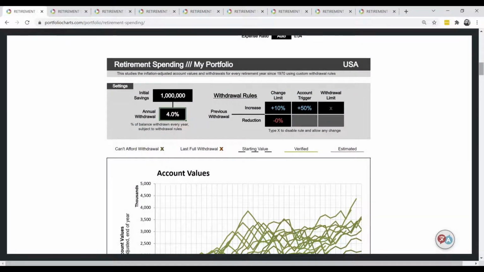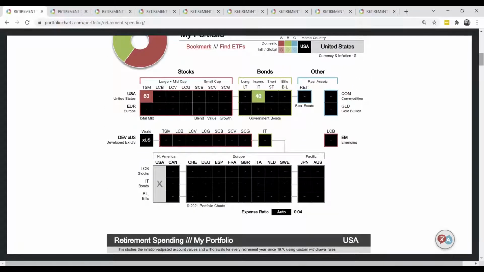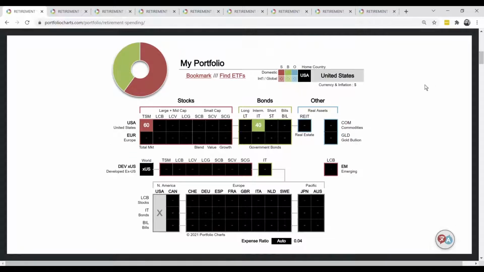So it gets more interesting then, though, when you compare different portfolios with the same withdrawal strategy. And you can go up and put in the different portfolios here. But what I've done is created several more tabs so we don't have to keep putting these numbers in, and we can easily compare them.